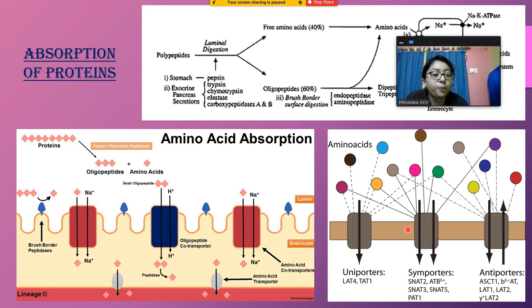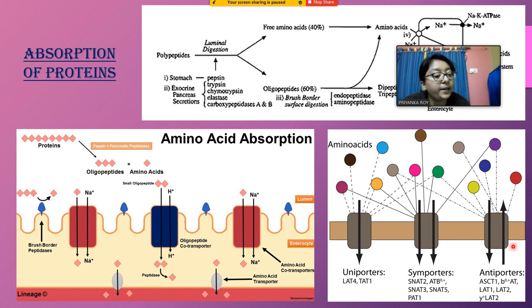So this is very important that three kinds of transporters can be there. One is uniporter, where only one molecule will be passing through it in one direction only. In case of symporter, like we have seen in sodium glucose, sodium amino acid, two molecules pass simultaneously at the same time in the same direction.